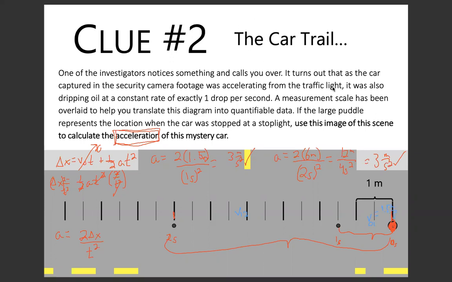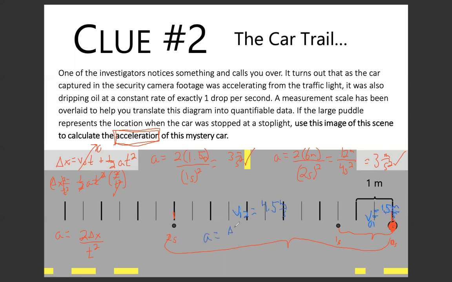I'll do it in a darker blue. 1.5 meters per second, that's from 0 to 1, and then V between 1 and 2 would be 4.5 meters per second. So you could calculate the acceleration that way.